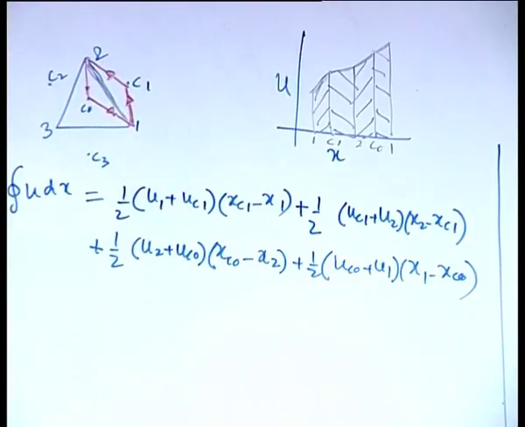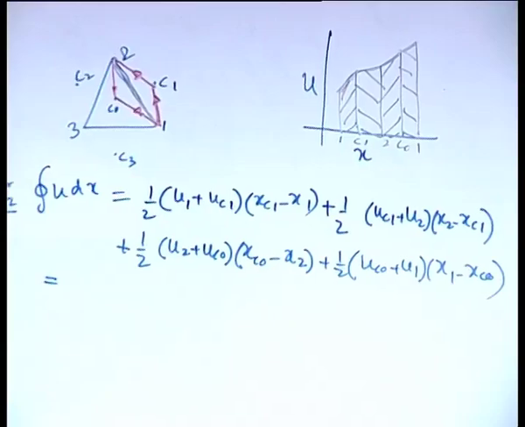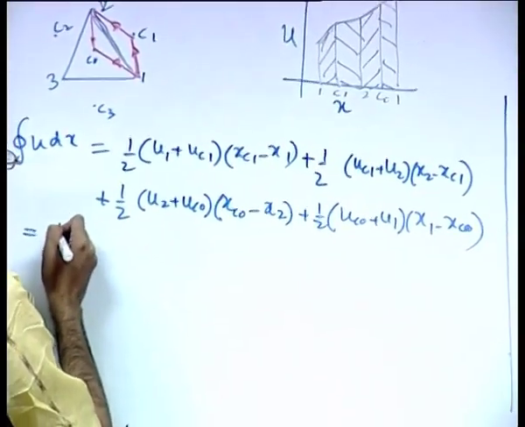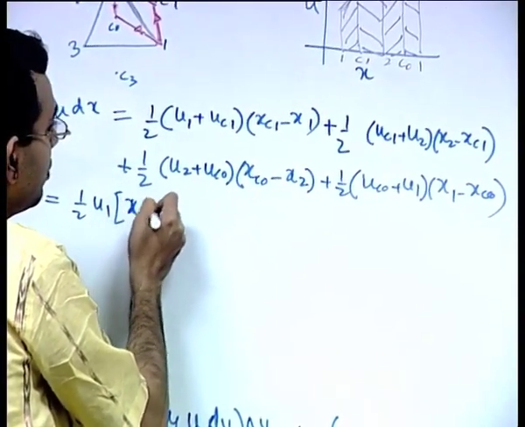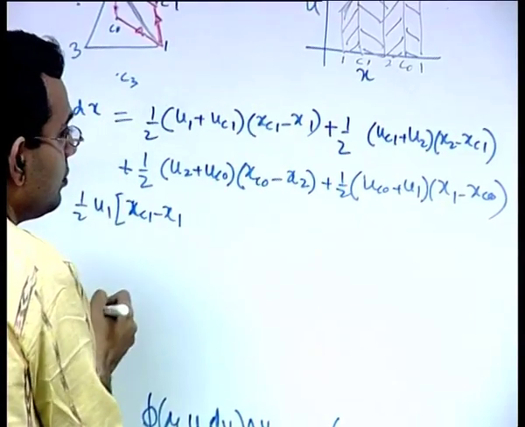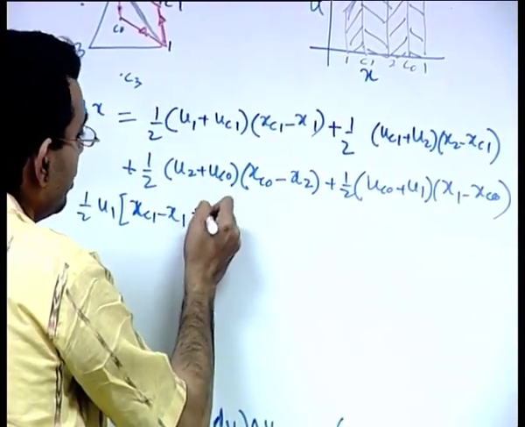You can simplify this. Let us say you take common half U1 into XC1 minus X1 plus X1 minus XC0.